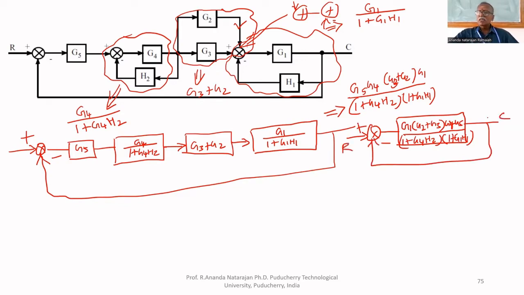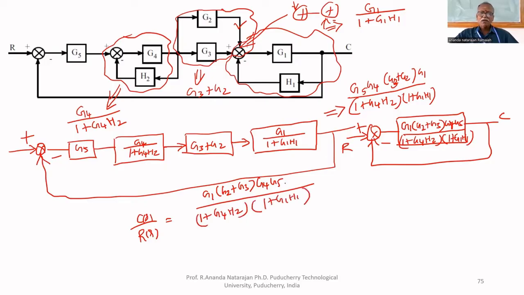R, C. If you apply the 7th rule, what will you get? C of S upon R of S equal to G1, G2 plus G3 multiplied by G4, G5 upon 1 plus G4H2 multiplied by 1 plus G1H1.